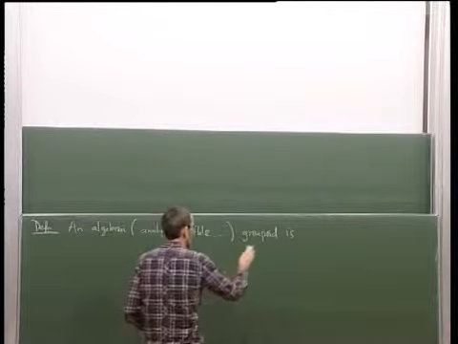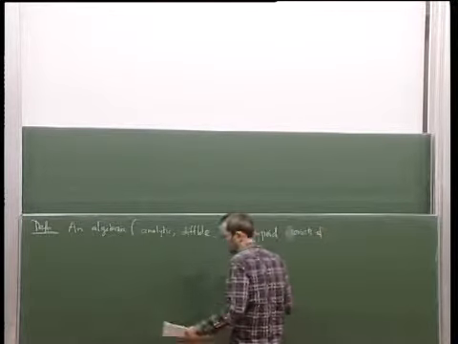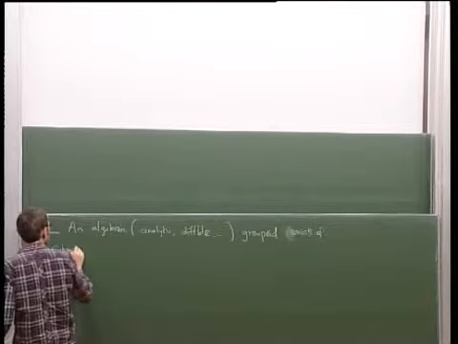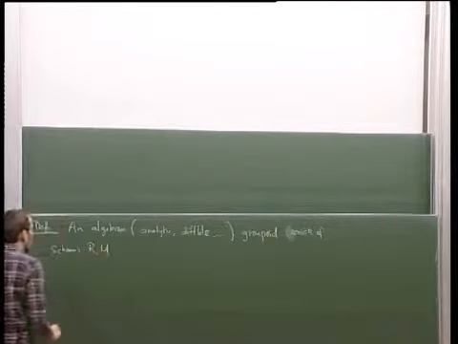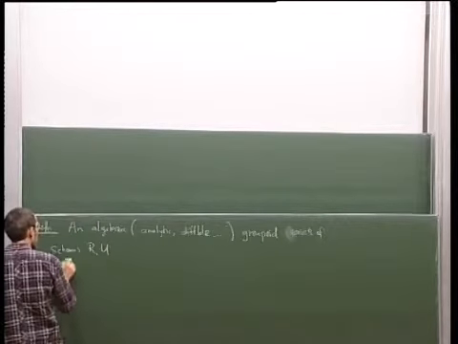So what does this consist of? First of all, there's schemes R and U, and then there's morphisms of schemes.